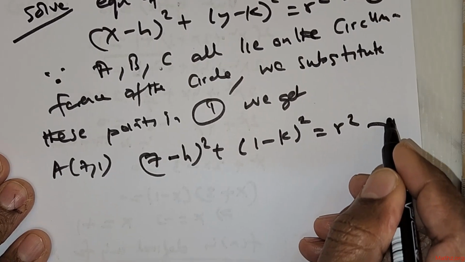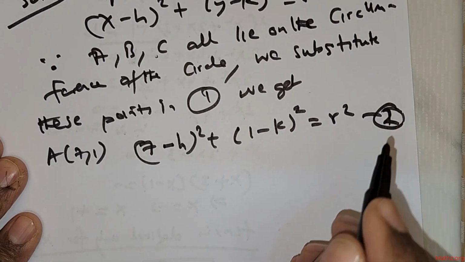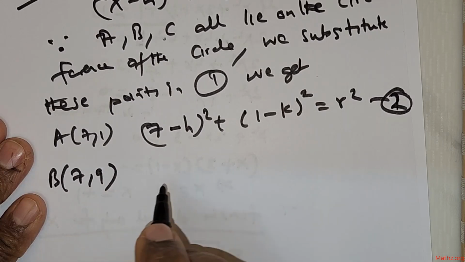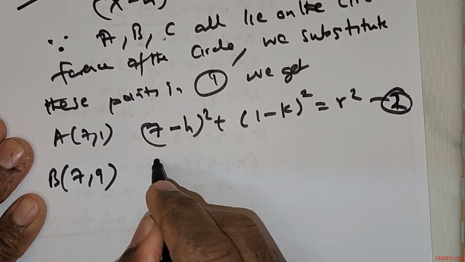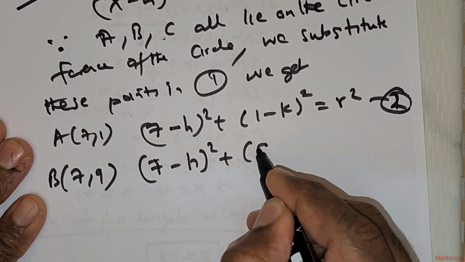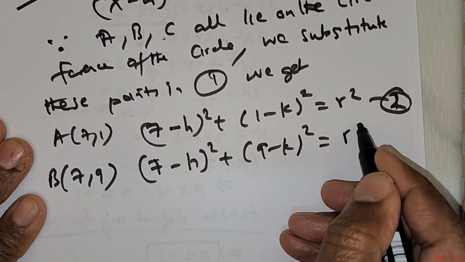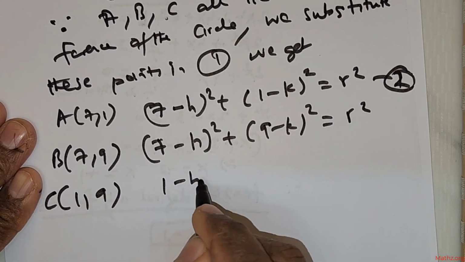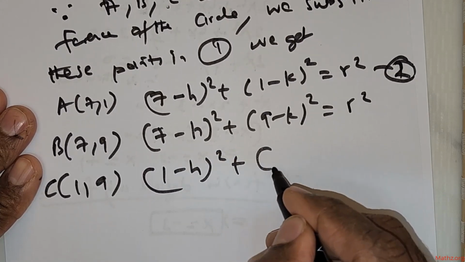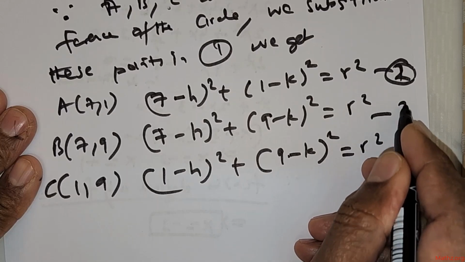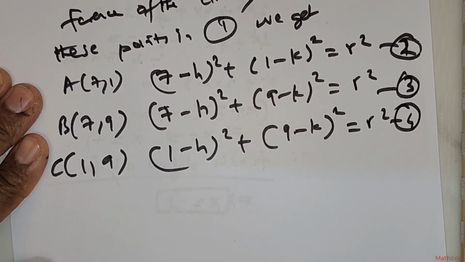So this is equation 2, and B(7, 9), that is (7 − h)² + (9 − k)² = r². Now C(1, 9), that is (1 − h)² + (9 − k)² = r². This is 3, this is 4.